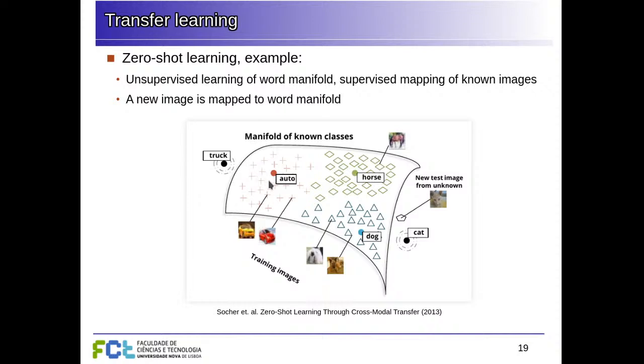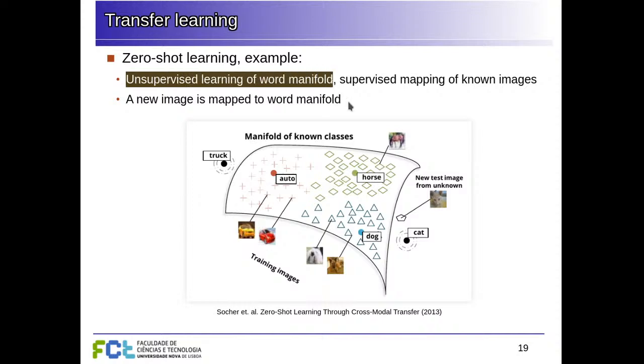And now we can do zero-shot learning by having a completely new word, a new image. This image was not in a class that was previously considered, so the word this image maps to was not present in the data set of the supervised mapping, but of course it was mapped in the unsupervised learning into the manifold.